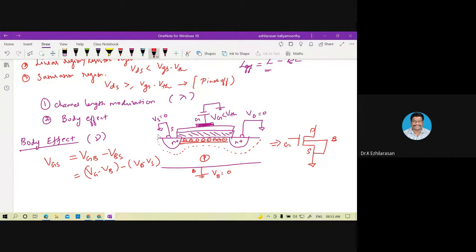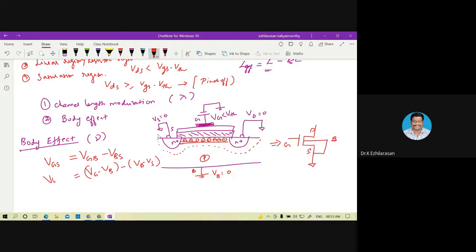Now, if your bulk voltage goes very, very negative, what is the meaning of that? It means negative relative to your source voltage.